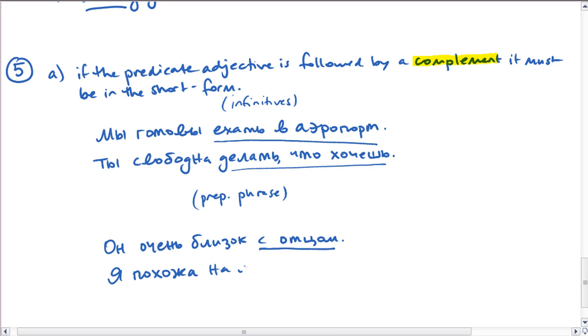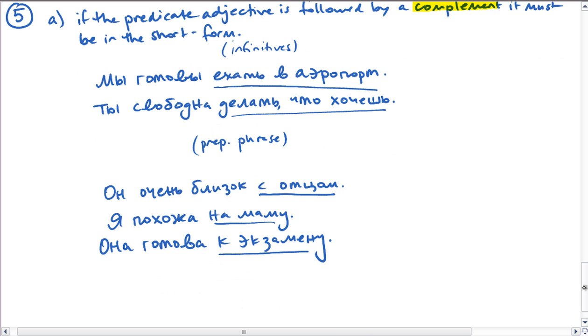Я похожа на маму. There's our prepositional phrase. Она готова к экзамену. So she's prepared for the test, or she's ready for the test.